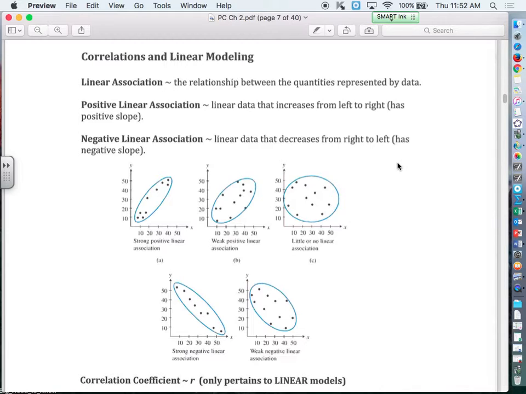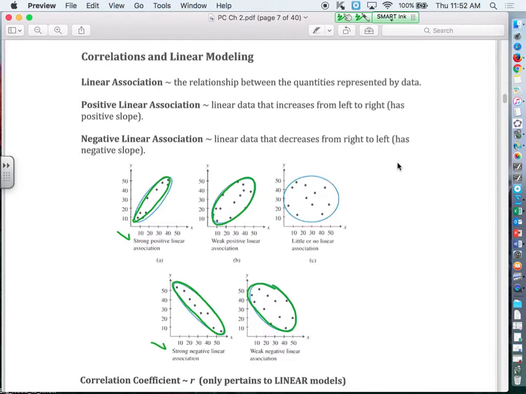If it's a positive linear association or a positive correlation, the points will go up from left to right. A negative linear association, the points are going down from left to right. If you put a bubble around your points, you can see the direction that bubble is headed. These first two are strong correlations.